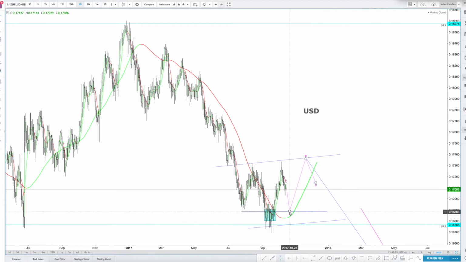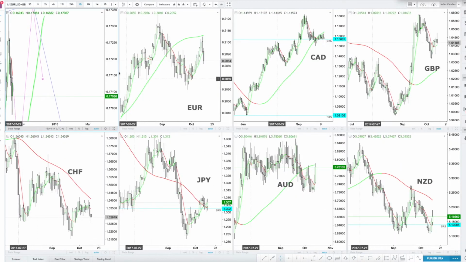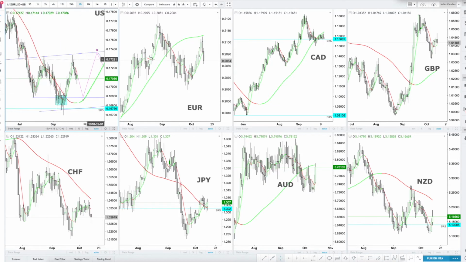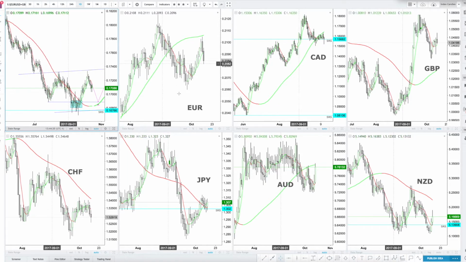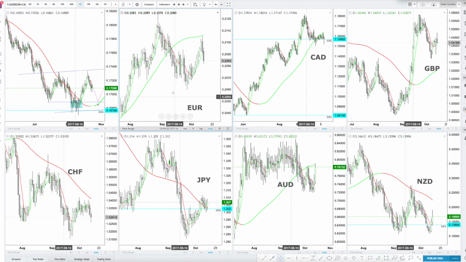But if it gets down to this point, or the A, or the B, then I might be interested. Right now I'm looking for this Libra pattern to fulfill. So that's USD. It's kind of flat, I would say that USD is flat.